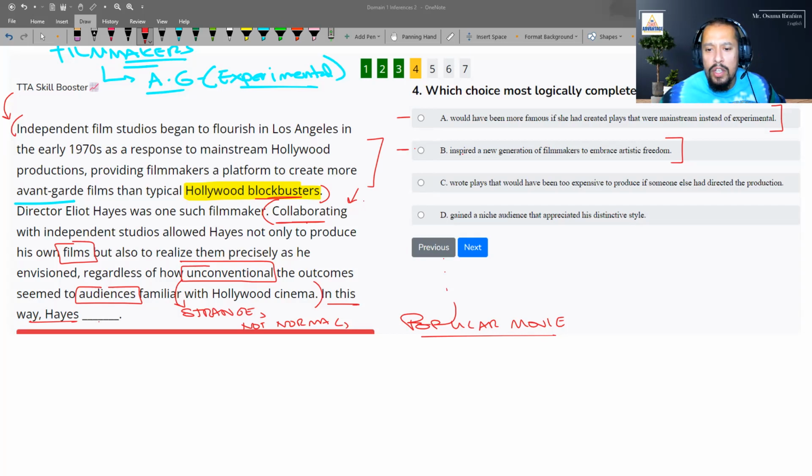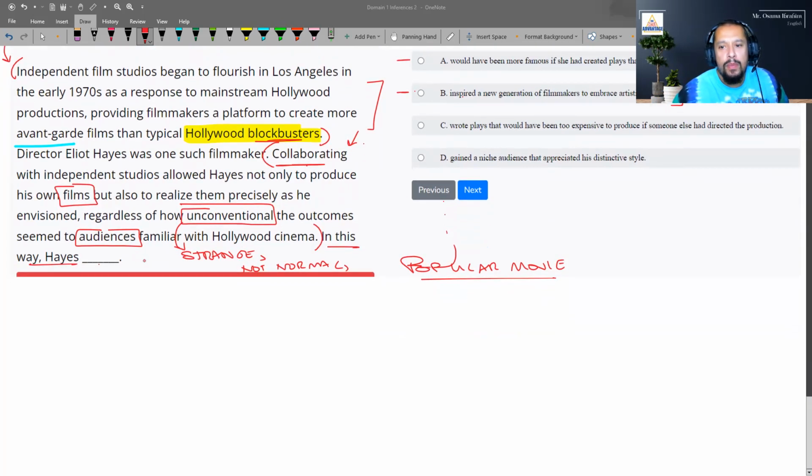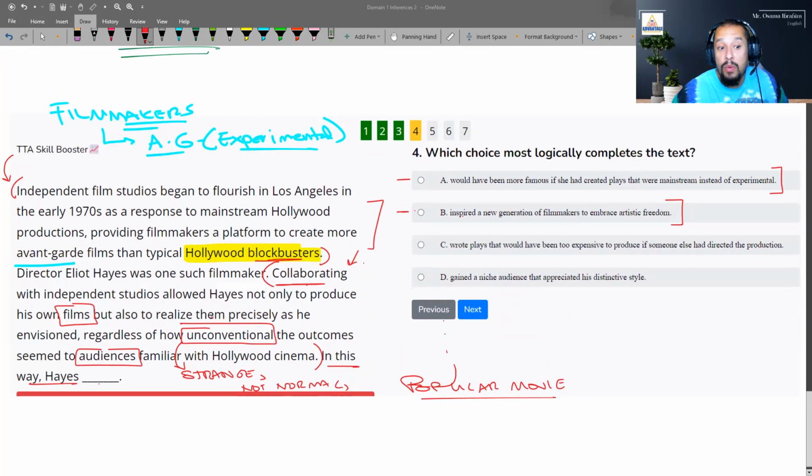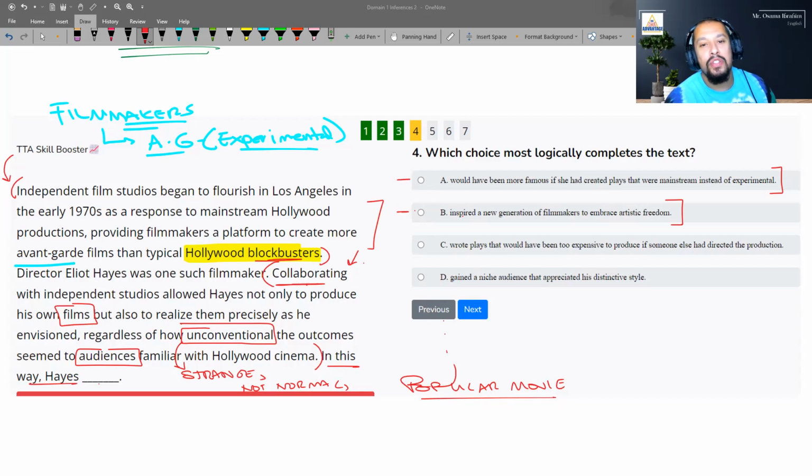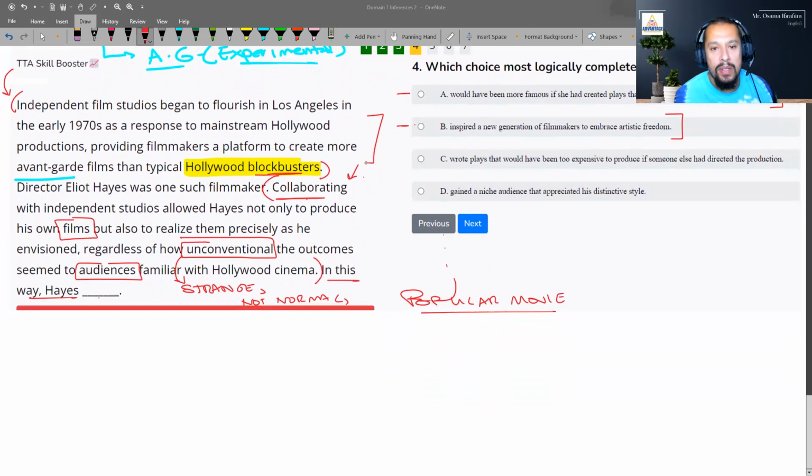Yeah, but how do you know that she gained a niche audience? I don't remember. It was there, but I don't remember where. Again, it is a possible outcome, but there's no support for it in the text. Okay, we need support from the text.